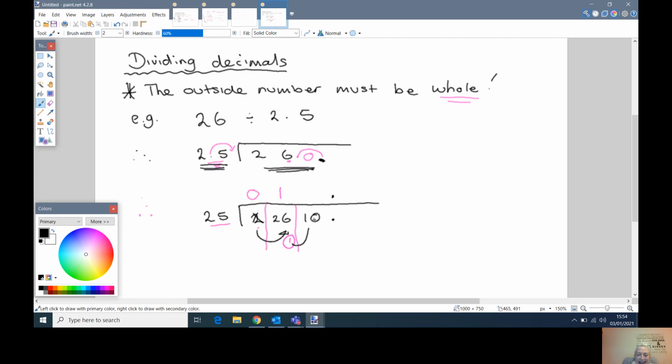Okay, 25 into 10. No, 25 people will not fit on 10 chairs. So I'm going to give myself another 0 here. 25 into 10 goes 0. Let's put that first. Right, so I haven't used any of this now. So where does the whole of the 10 go?